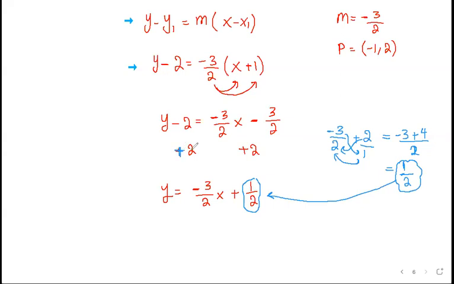Here, let me put it in a different color. We add 2 for both sides because I want to cancel the 2. Then this cancelled. Okay, any questions so far for this example?